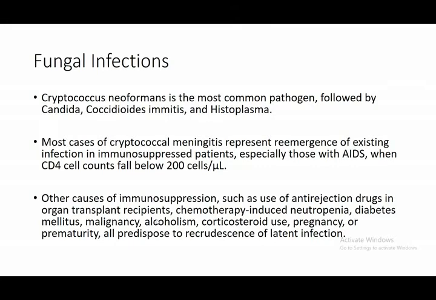CD4 count is basically these are T cells which are progressively dropped in patients with HIV infection who develop AIDS. So the more the CD4 count drops, the more serious fungal infection occur.